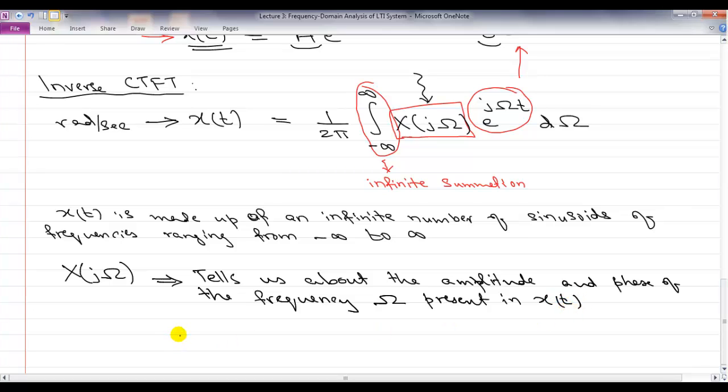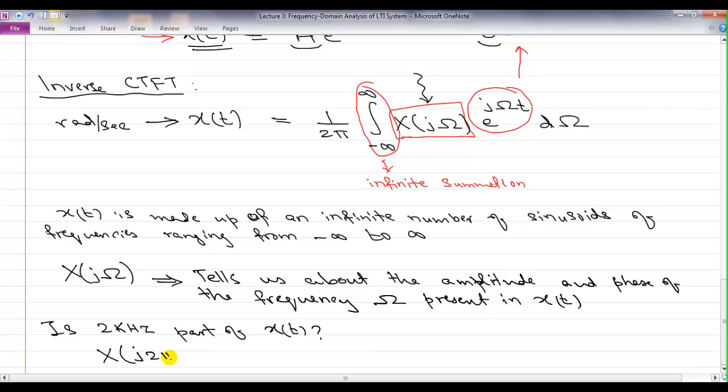Okay. So if someone asks you, does this signal have a 2 kilohertz frequency present in it? Is the 2 kilohertz part of x of t? Well, for that, what you need to look at is x of j 2 pi 2000. You evaluate that. And if this is equal to 0, then you know that signal does not have the 2 kilohertz frequency.